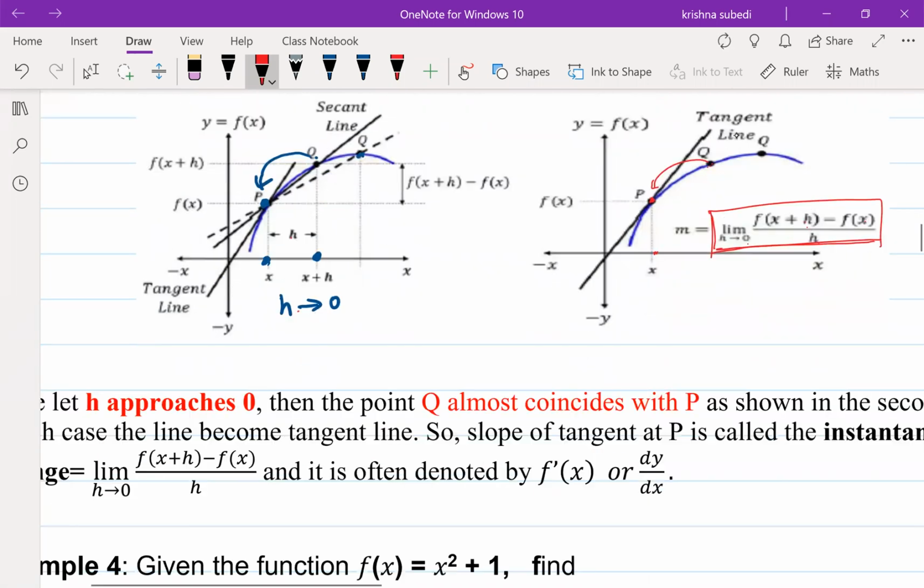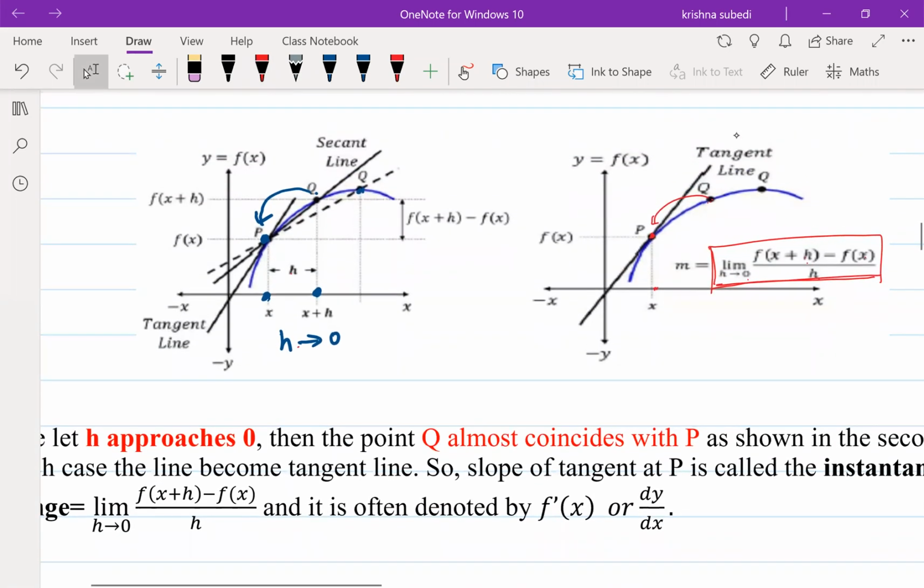Very important thing: when I take f of x plus h minus f of x over h, this gives me the slope of the secant line, meaning the slope of line PQ.